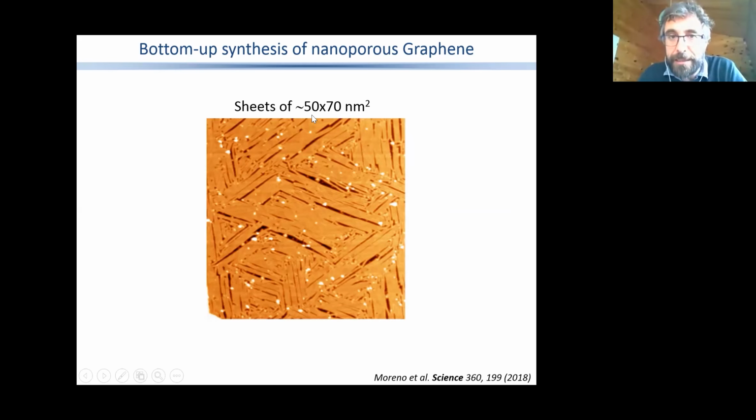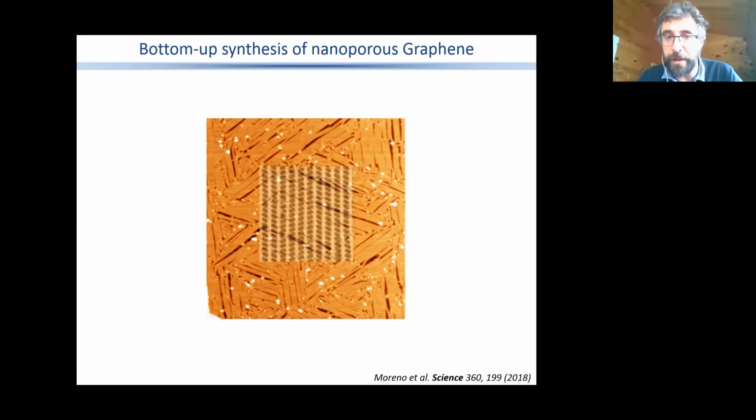Still, the size of these individual sheets or single crystals of this porous structure is in the order of 50 to 70 nanometers. In one direction it is related to how long the ribbons were, that would be the maximum, and in the other direction to how well they can couple to each other, and on the orientation of each other. So this is a very important limit in these 2D covalent structures.